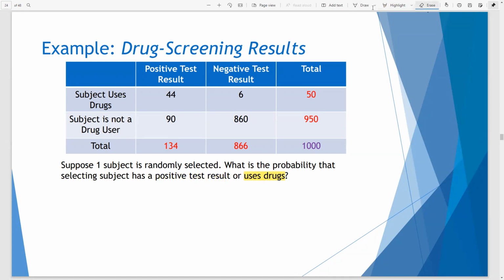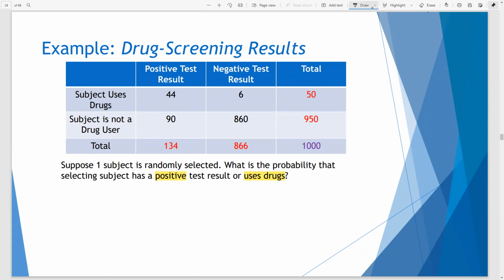That highlight is a little not great. Positive test result or uses drugs.